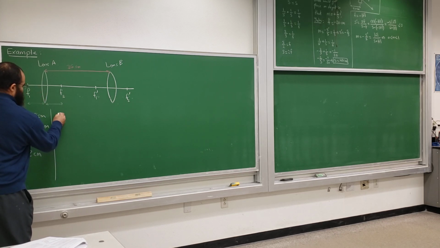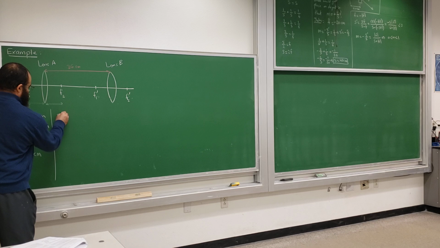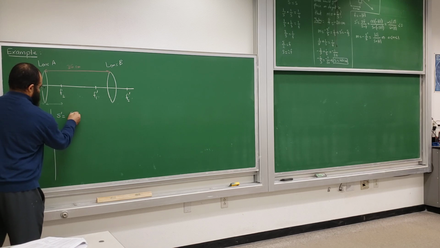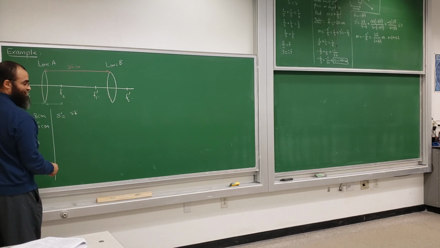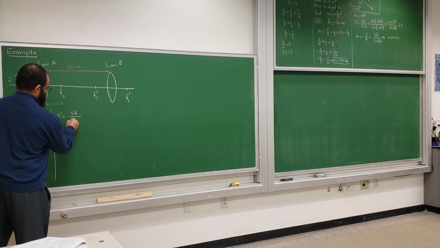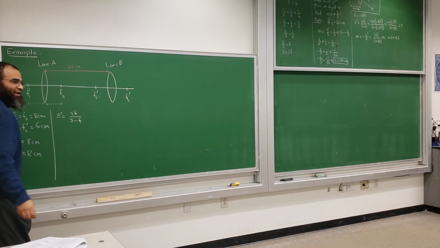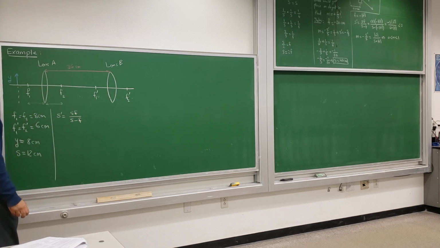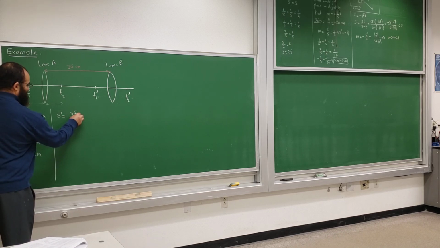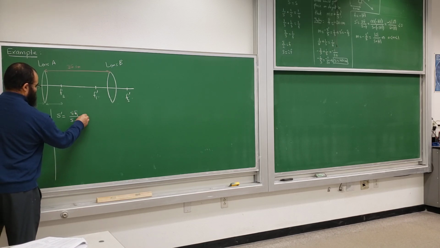So S prime is equal to S times F over S minus F. Do we agree? And which F? The first one. Let me call it F1.